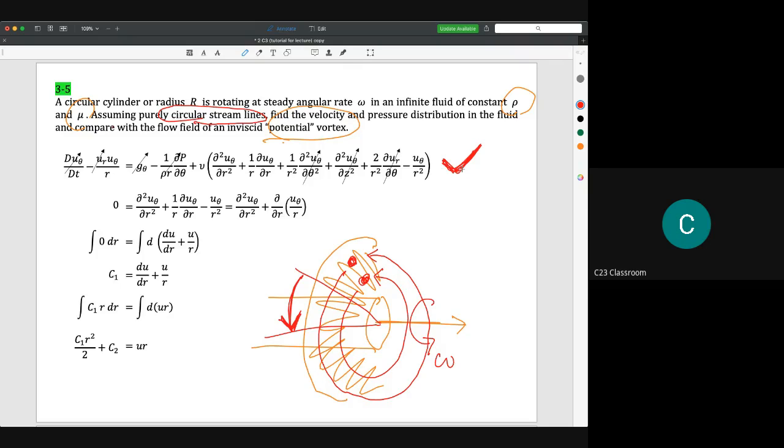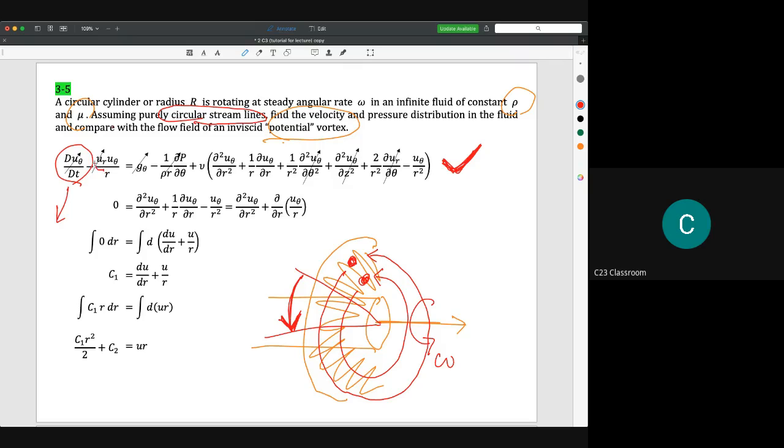Then we simplify everything that we can simplify. For example, du theta over dt is equal to 0. This is the assumption of steady flow, which means the velocity is not changing all the time; it is steady along time.